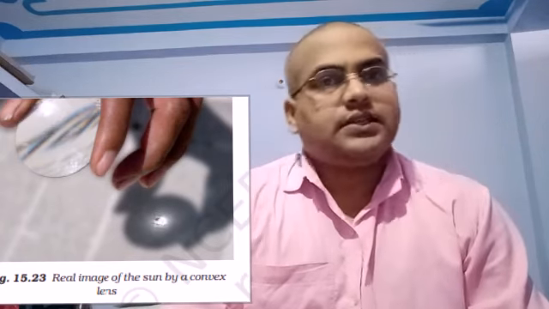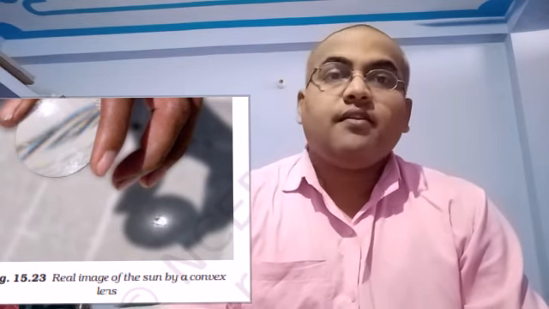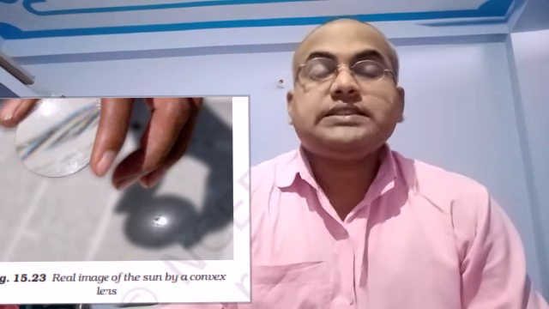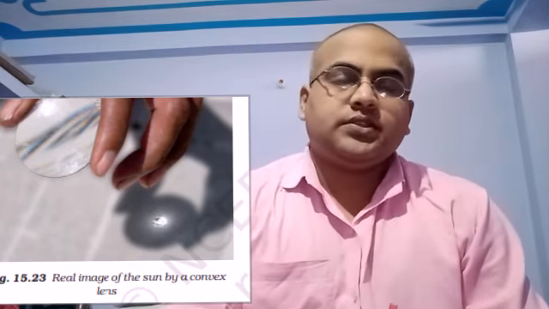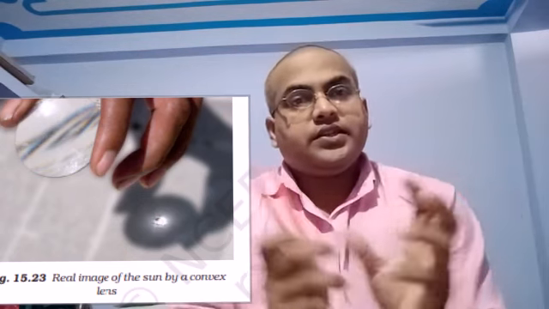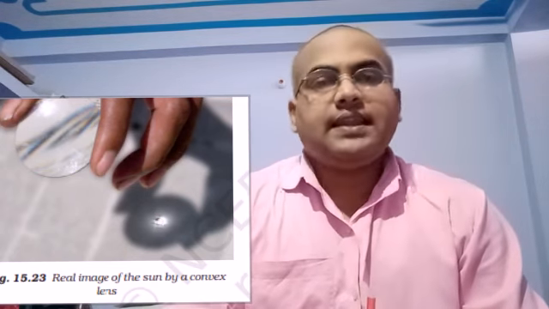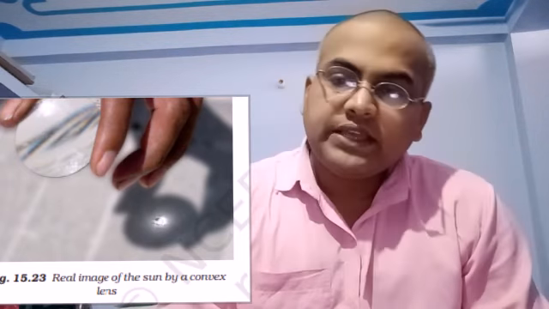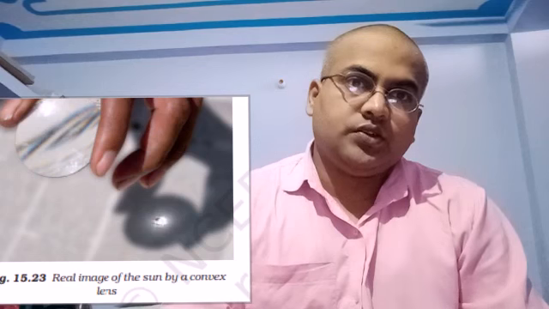But if you bring the candle too close to the convex lens, then you will get a virtual, erect image, and the image is larger than the object. So here the distance between the object and the lens affects the image formation. With the help of a convex lens we are able to get a real image and also a virtual image.